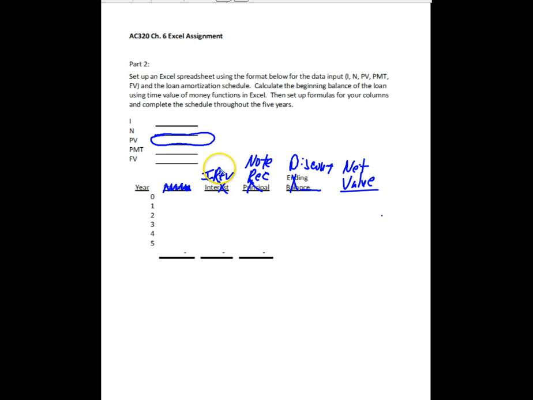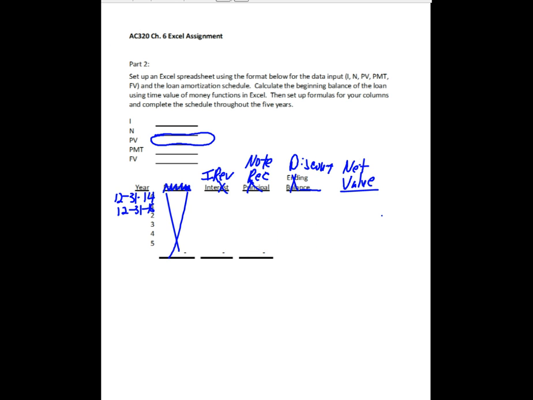So we'll have interest revenue, note receivable, discount, and net value. And I also suggest, make the dates the same as what we've got in the homework. So 12/31, 14, 15, etc. Okay, so that gives you an idea of setting up this problem.